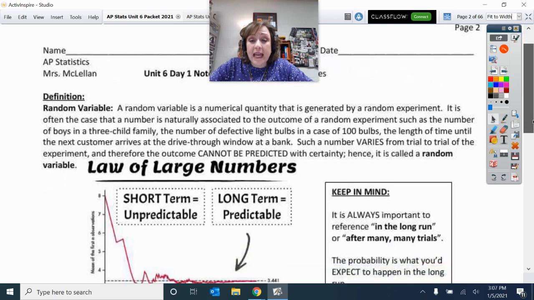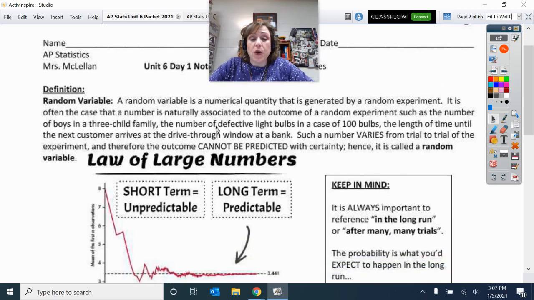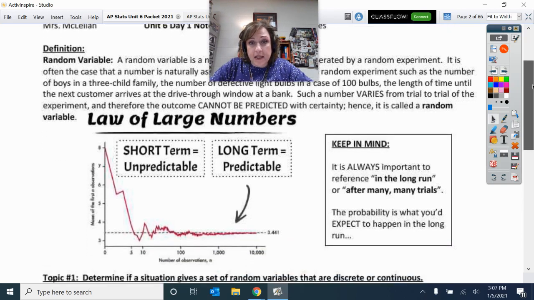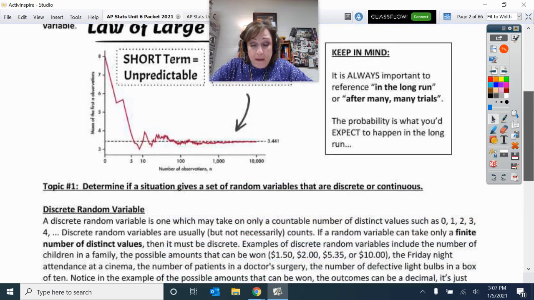Okay, predictable. So, when I open up a box of light bulbs, I do not know how many of those will be defective. But if I opened many, many, many boxes of light bulbs, then in the long run, I would see a pattern and a trend, and I would see on average how many seem to be defective out of a box of 100 light bulbs. So it's important to keep that law of large numbers.